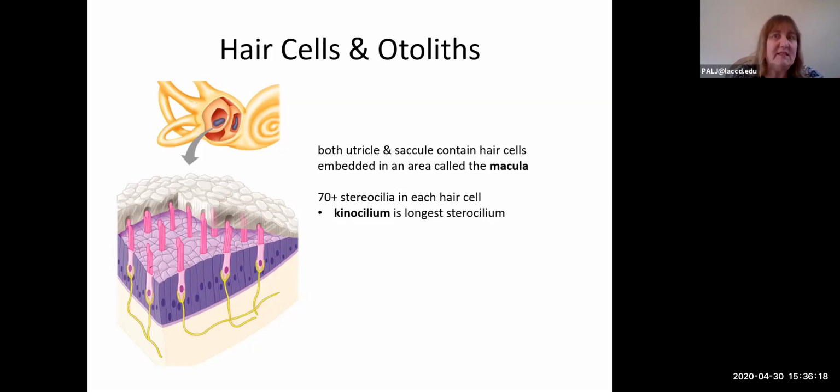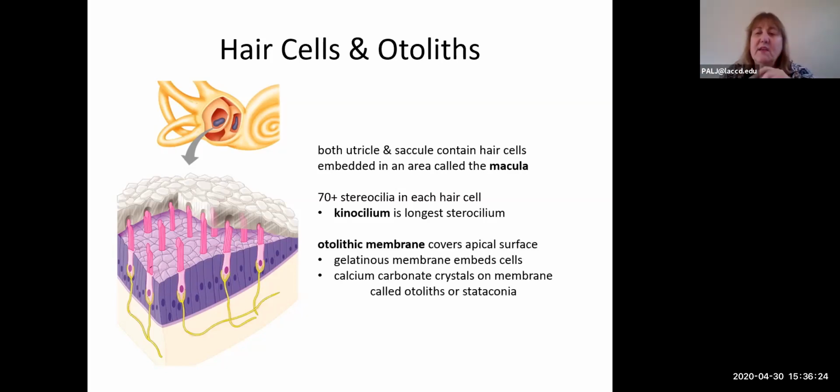Now, what happens here is kind of like a combination of everything we've already learned. There is something called the otolithic membrane, and the membrane does not sit on top. The membrane completely covers the apical surface. The membrane has two components. The gelatinous part, in which the kinocilium are completely embedded. They're in the jello.